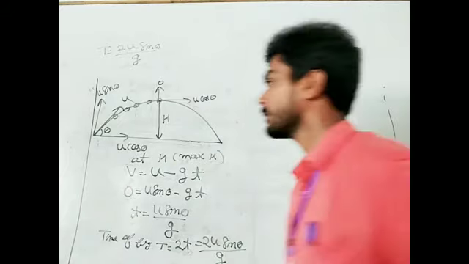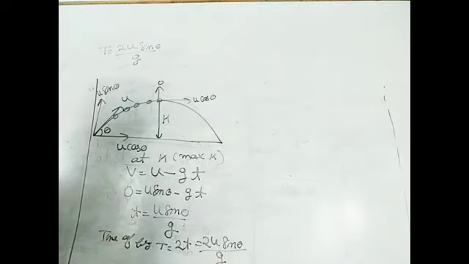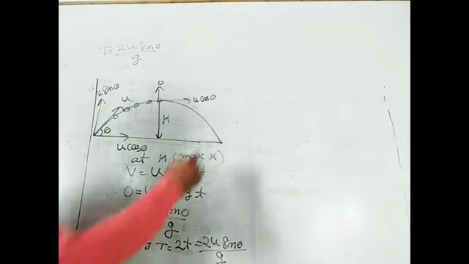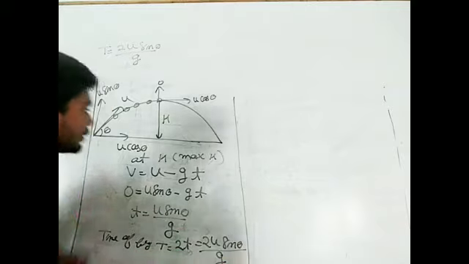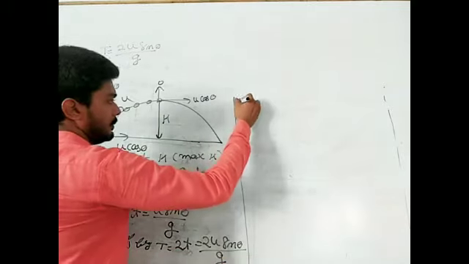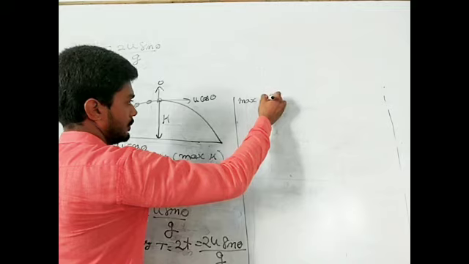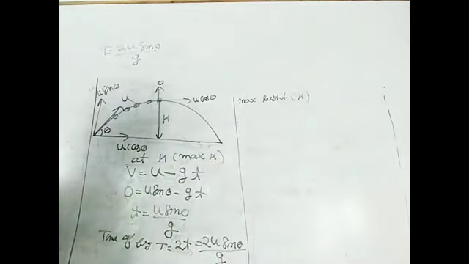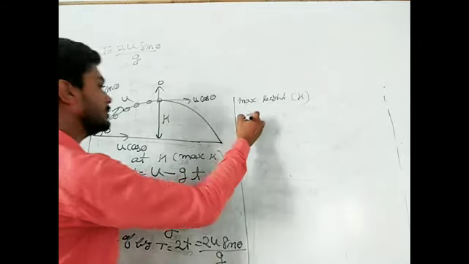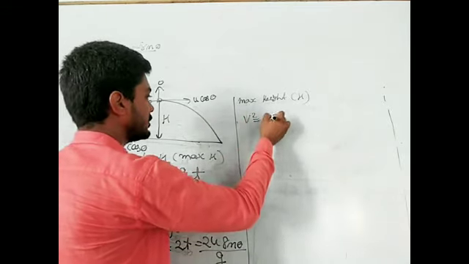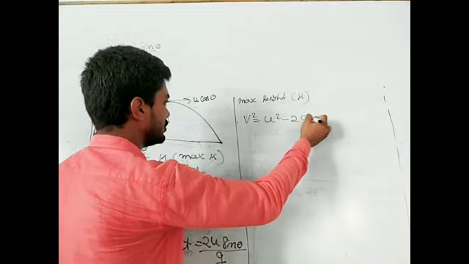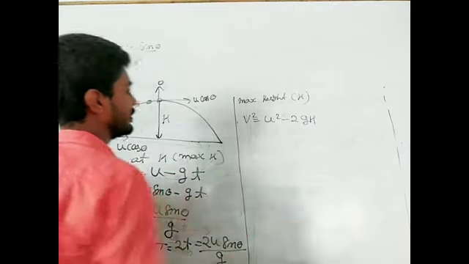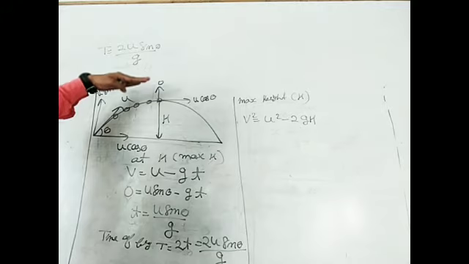Next, we will calculate the maximum height h. Students, for maximum height, we are applying the formula v square is equal to u square minus 2gs, because this is vertical motion under gravity.